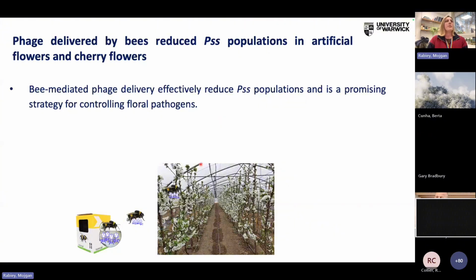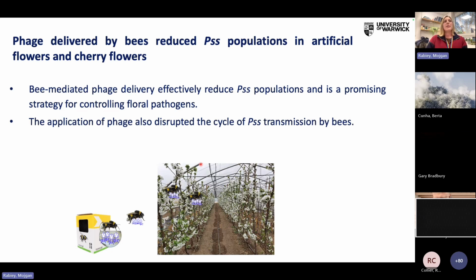We've been able to show that bees can deliver phage effectively to reduce PSS populations in real and artificial flowers, and it looks like a promising control or dissemination strategy for biocontrol of floral pathogens.